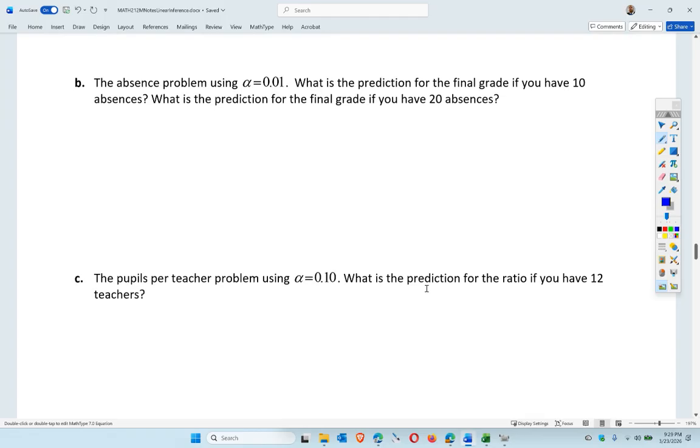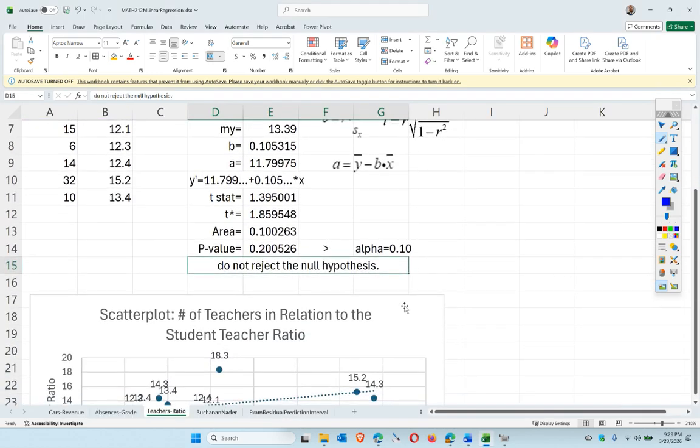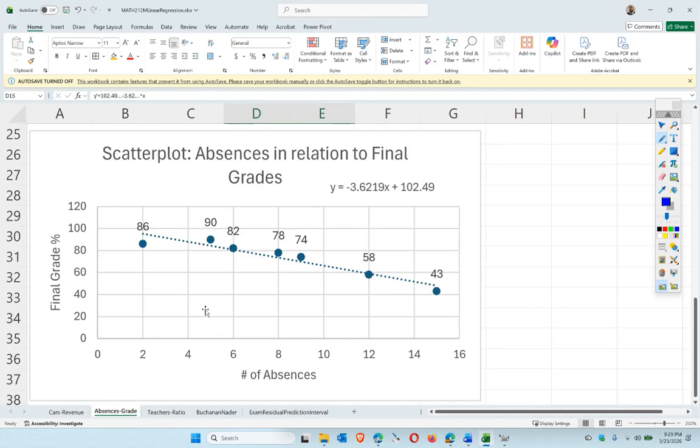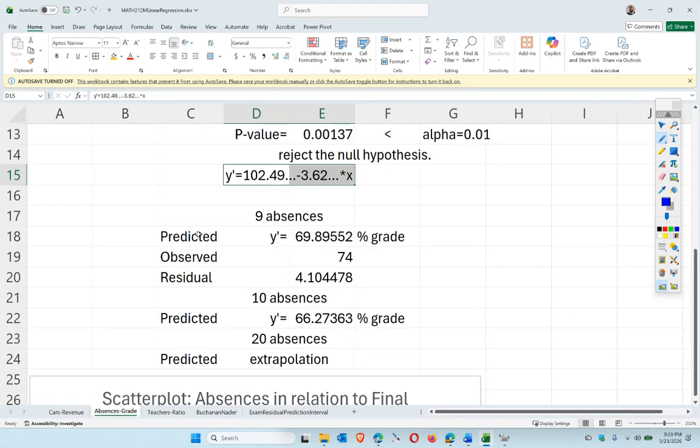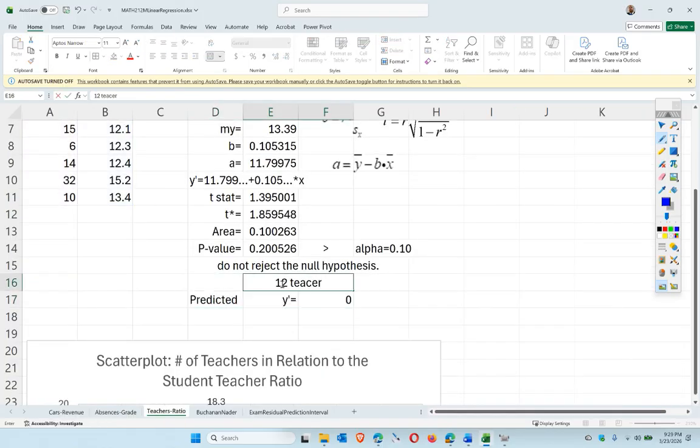All right, so the third one says, what is the prediction for the ratio of 12 teachers? Okay. Well, if I go to here, move this down, we'll do here, and we'll put 12 teachers.